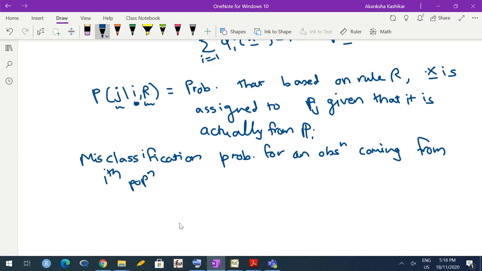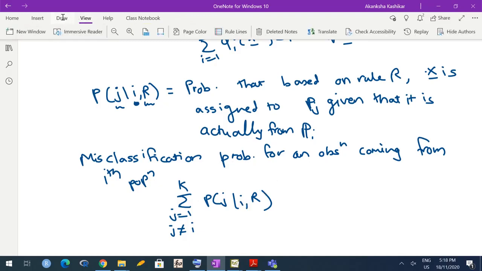This would be the sum over j of P(j | i, R), where j goes from 1 to k and j is not equal to i. So i is fixed. The observation is originally coming from the ith population, but it can be classified into any of the jth populations. As long as j is not equal to i, that amounts to misclassification. So the total misclassification probability for an observation coming from the ith population is this.